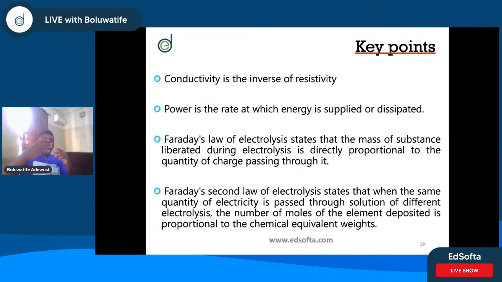Do you understand? Now to further explain that, you are using electricity to split or separate chemical compounds, right?